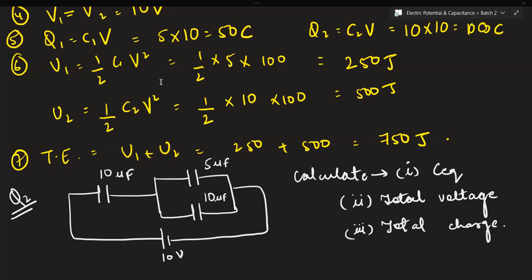Very nice, Akifa. Correct answer, and so quickly. Others also, please try. At least the equivalent you should be able to tell. Akifa, you try the second and third part as well. You'll be able to answer. The second part is the total voltage across the circuit, so no need of calculation.